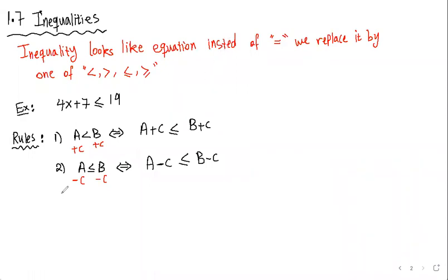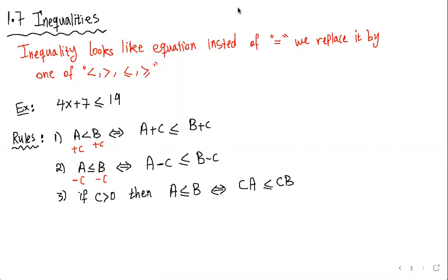Number 3: if I have a positive number, if C is greater than 0, and I want to multiply A less than or equal to B by the same positive number on both sides, I get CA less than or equal to CB.